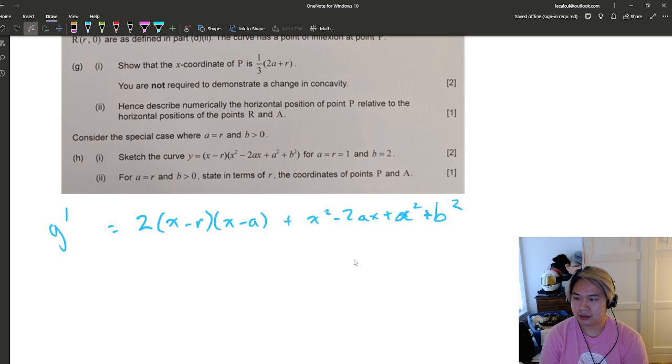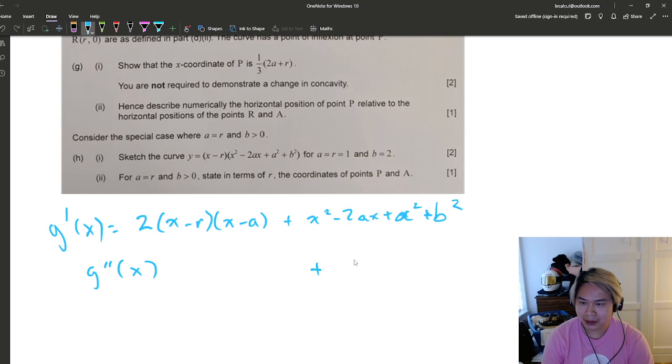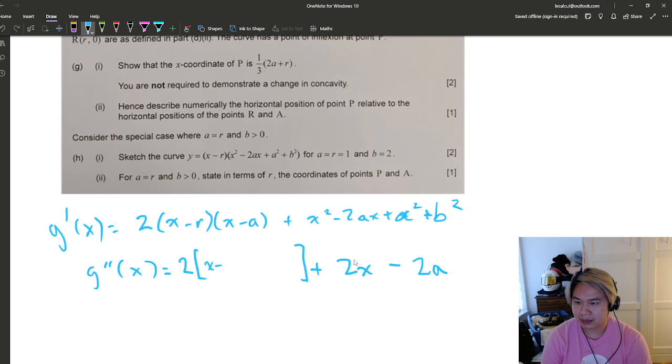Okay, so here's g prime. Take the double derivative. I'm going to take the derivative of the polynomial part at the end. So that's 2x minus 2a. And then this one is going to be a product rule. So I'm going to have 2 times x minus a plus x minus r.